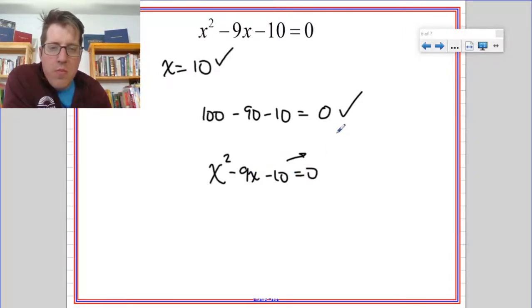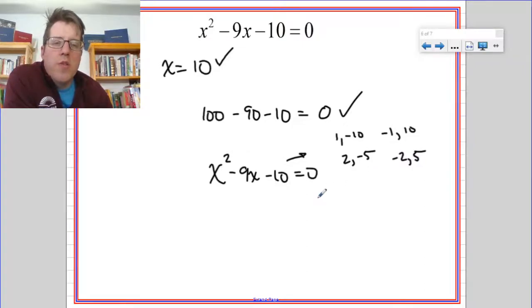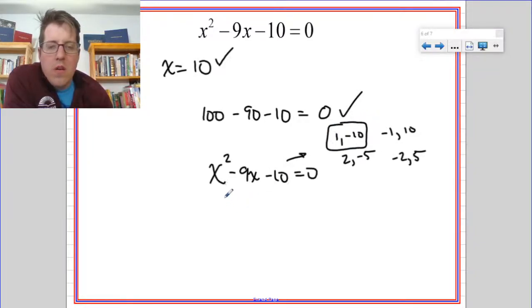So the ways you can multiply to make negative 10 are 1 and negative 10, or negative 1 and positive 10, 2 and negative 5, or negative 2 and positive 5. Which of those add to make negative 9? Well, this one. So writing that out in factors would be x plus 1, because it's positive 1, times x minus 10.